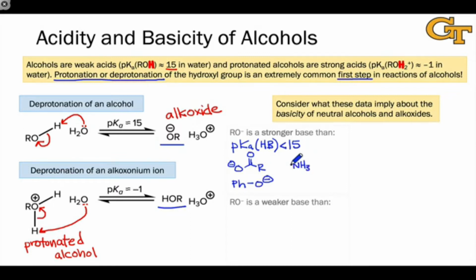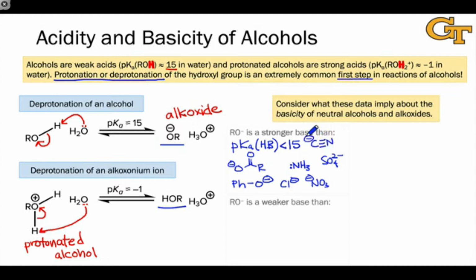And RO- tends to be a much stronger base than stable inorganic anions like Cl-, the conjugate bases of strong acids, Cl-, nitrate, sulfate. It's a much stronger base than these relatively stable inorganic anions. One other one that might be worth mentioning is cyanide. RO- has the ability to deprotonate HCN to form CN-.